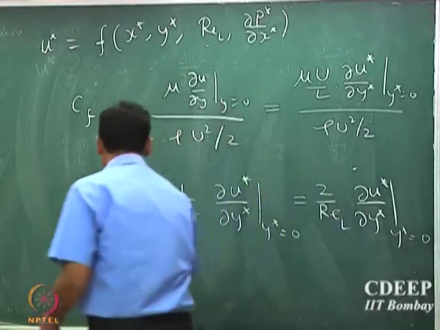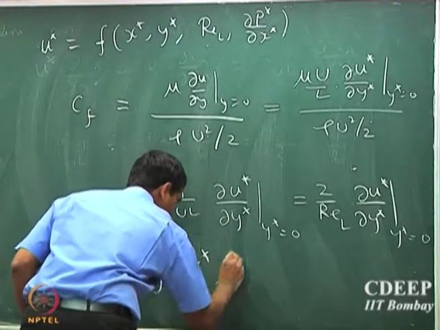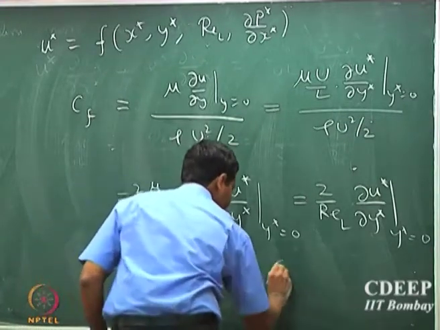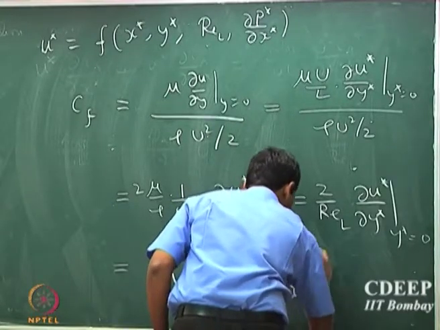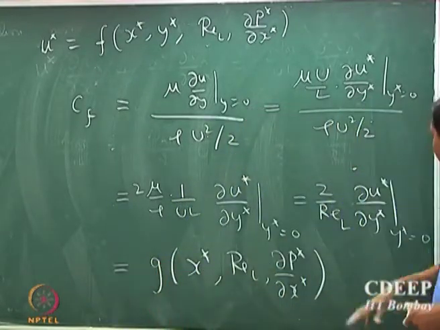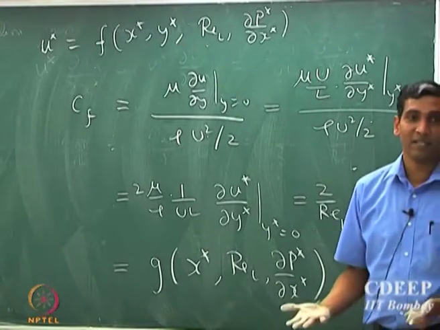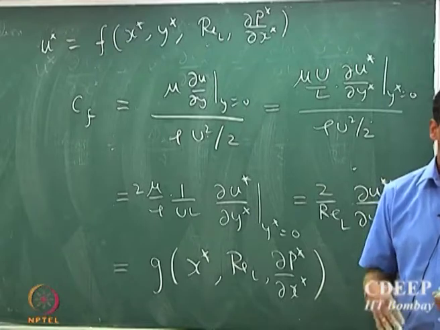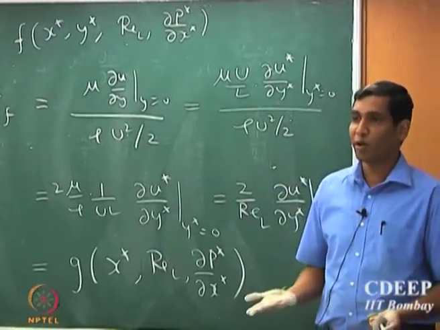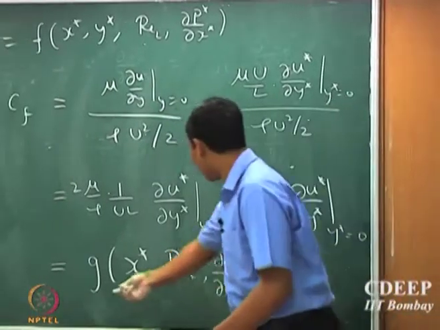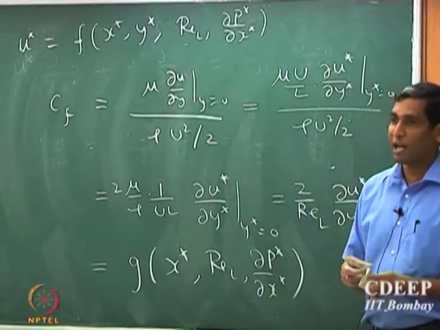Which means that this should only be a function of x star, Reynolds number, and dp star by dx star. Why? Because you are evaluating this function at y star equal to 0. So you are removing the dependence on y star because you are interested in the friction coefficient at the interface. That's what we want to know. So the friction coefficient is now a function of only x star, Reynolds number, and dp star by dx star.